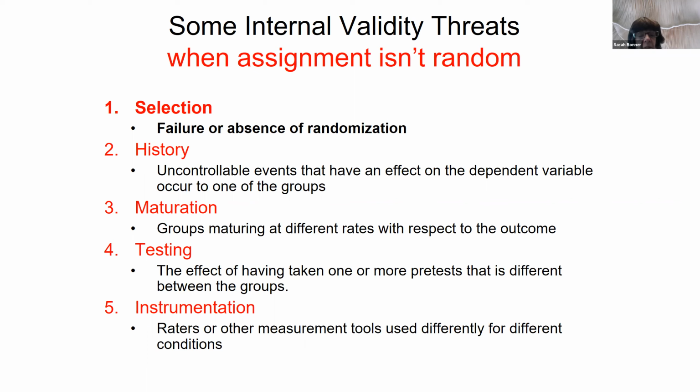But in each of these cases, the issue is that you haven't randomly assigned, and so it is possible that coming into your intervention or at some point during your intervention, something happened to one group that didn't happen to another group.